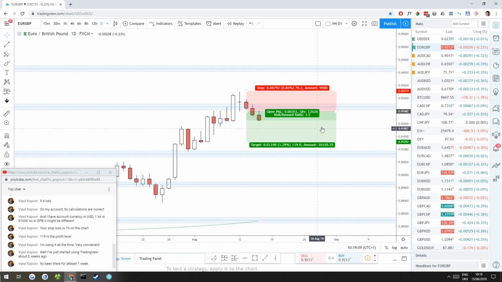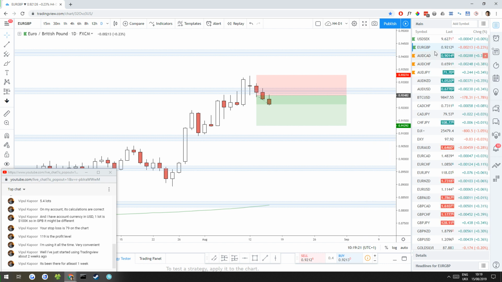It is nice that it gives you the quantity or the volume. You just have to learn the math and get it right in your head, which is a bit annoying, but it works. It's nice.